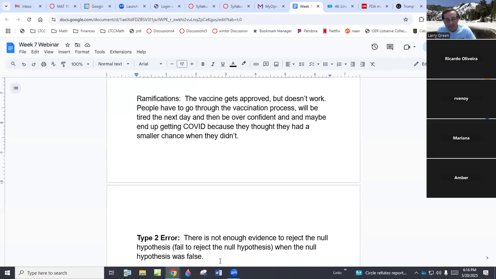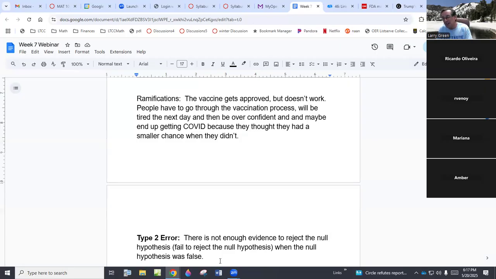And if you don't have evidence, then the FDA is not going to approve the drug. Not going to approve the vaccination. So what are the ramifications in that case? They're not going to approve it when it actually worked. Ideas? Yeah, no one gets vaccinated.